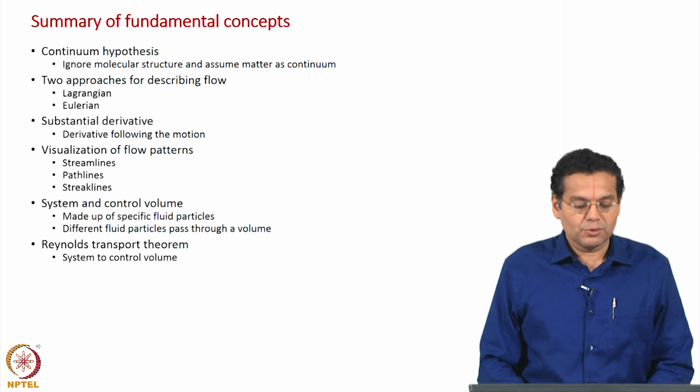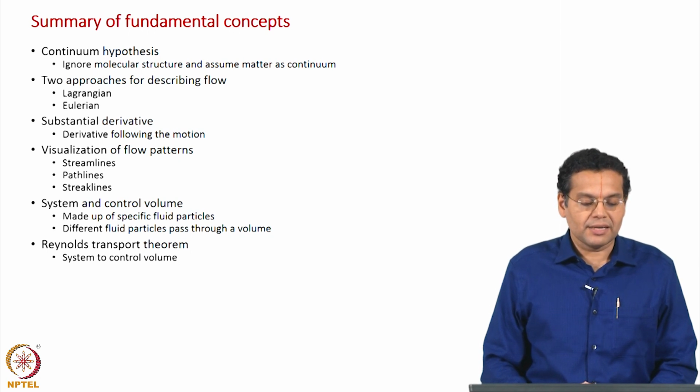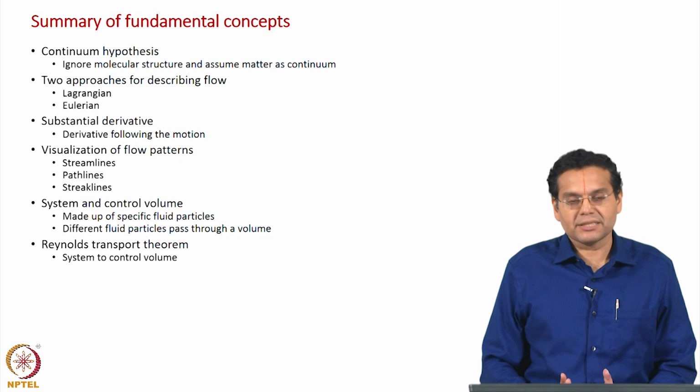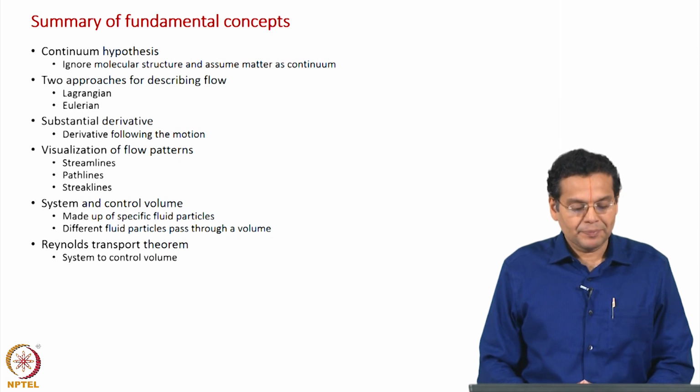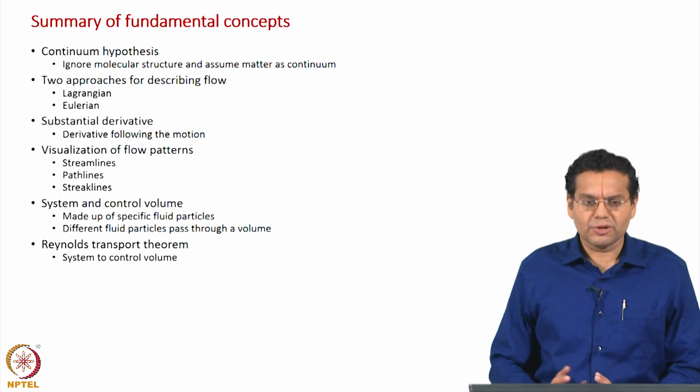They are applicable to flow of fluids, flow of energy and flow of species mass as well. For example, when we discussed Lagrangian and Eulerian, we took examples of temperature measurement, concentration measurement. Substantial derivative, we discussed the derivative following the motion for the case of temperature, concentration, of course velocity as well.